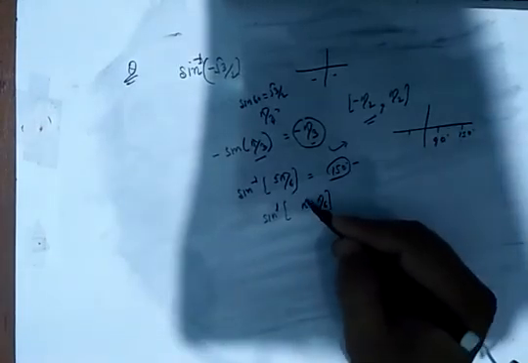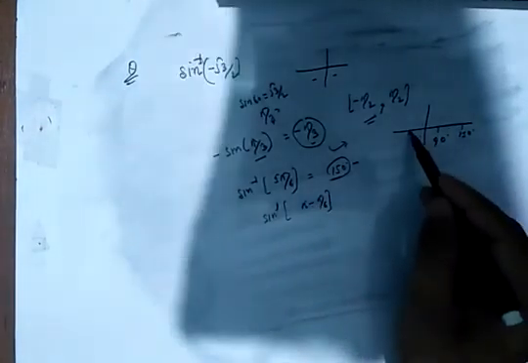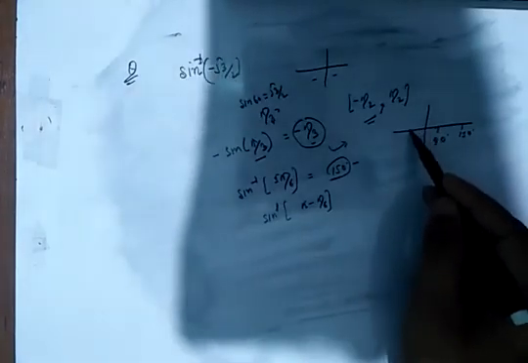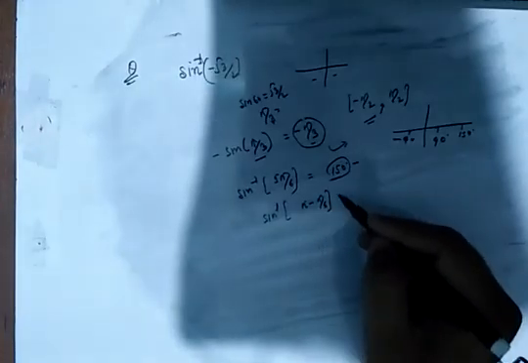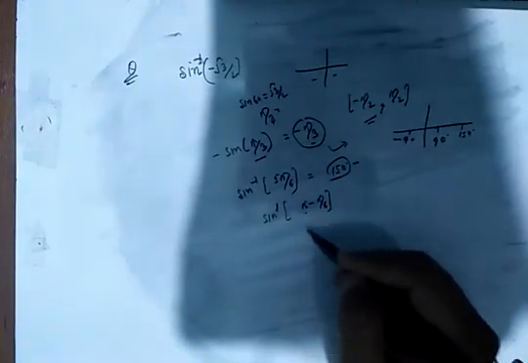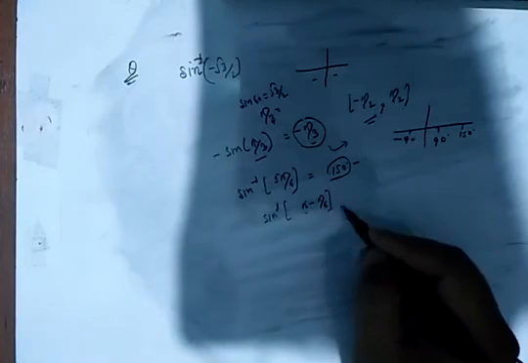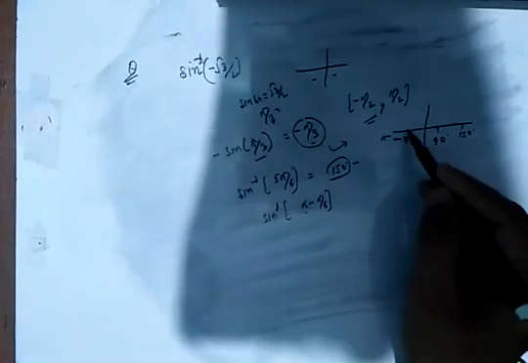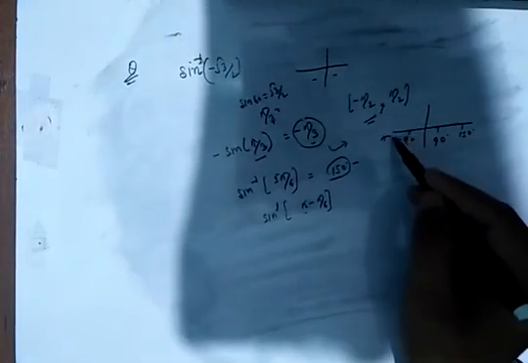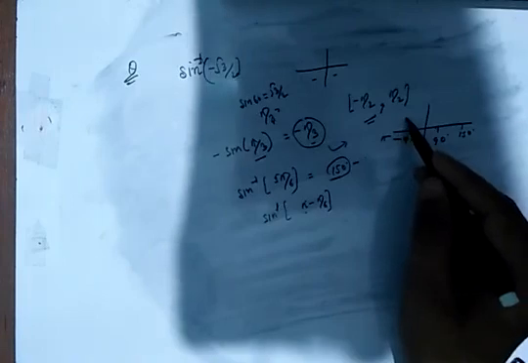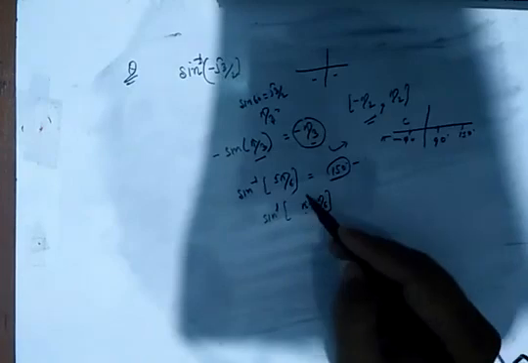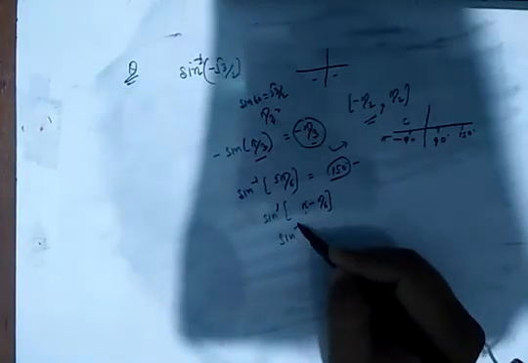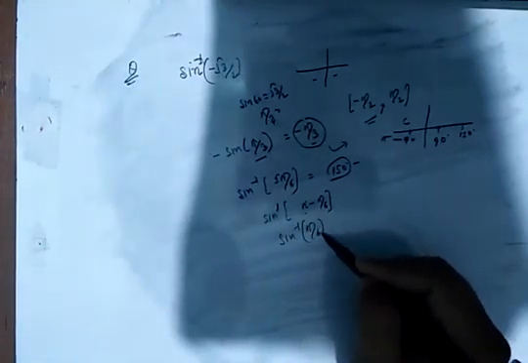We subtract from pi so that we get the value within minus 90 degrees to 90 degrees. If you subtract any value from pi, it lies in the second quadrant. In the second quadrant sine is positive, so we can simply write pi by 6.